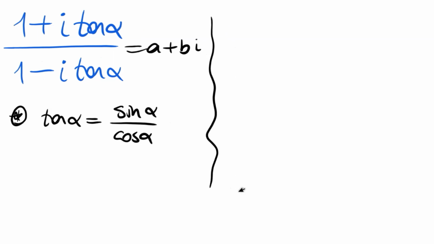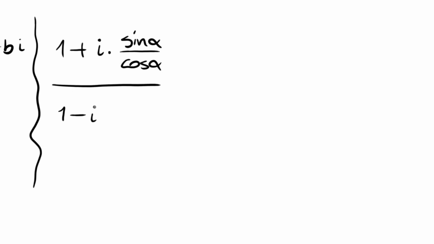In our expression, we have 1 plus i times tan α, which is sin α over cos α, over 1 minus i times sin α over cos α.